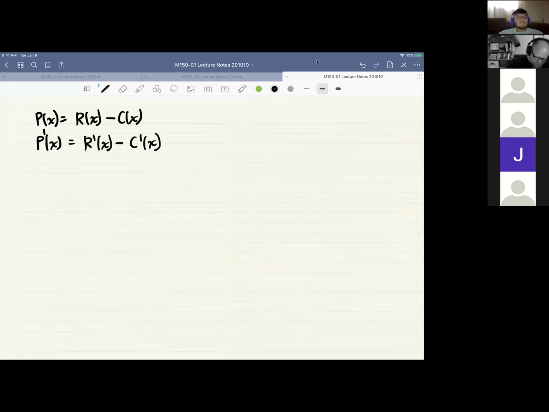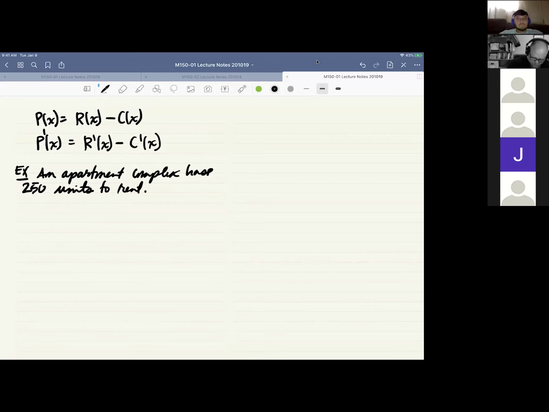So how might you run into this in real life or later in the course? Consider this example. An apartment complex has 250 units to rent.